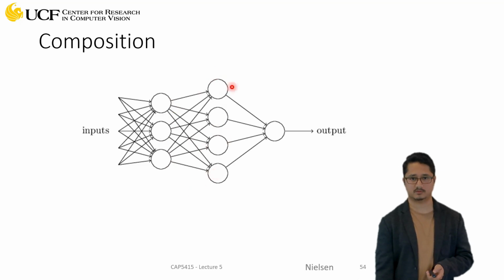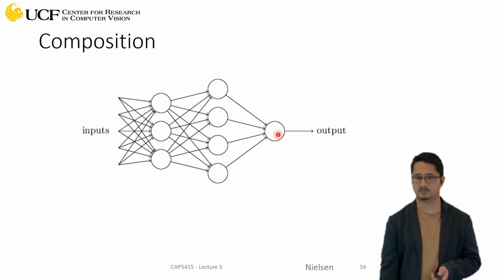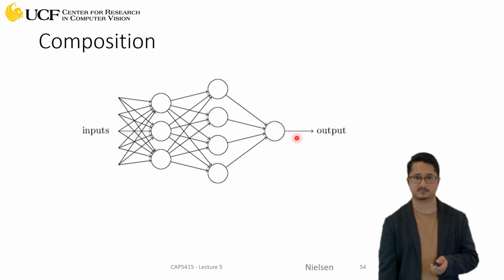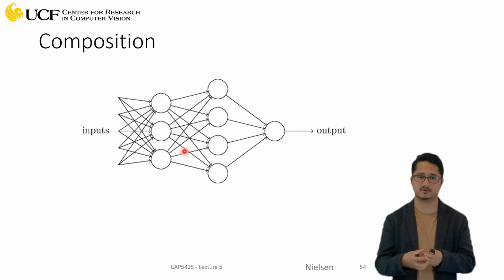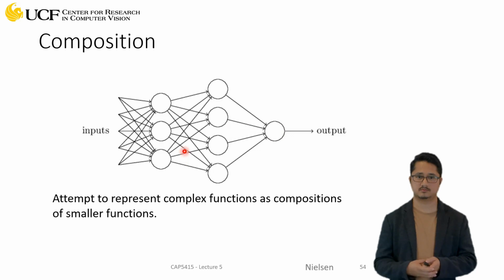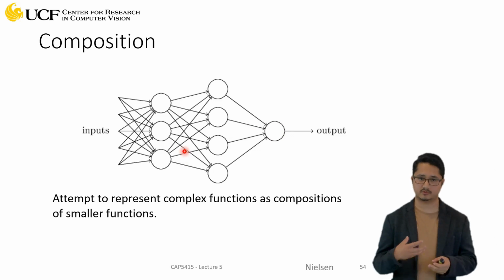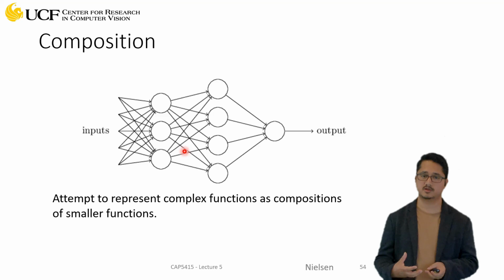In this case, you have 4. And then you can have your final output layer, which is just 1 neuron, which means you're just trying to solve binary classification. Okay, so you can make these networks deeper and deeper. And the idea is you want to represent complex functions using a composition of smaller functions.